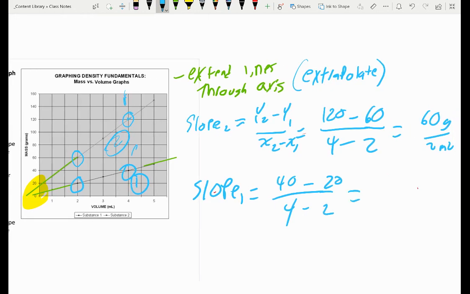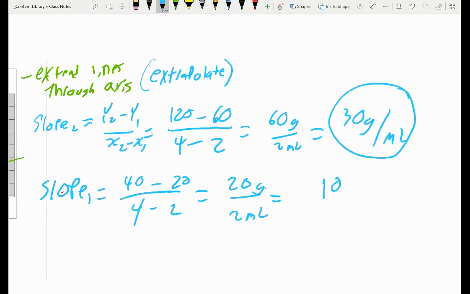Okay, and that equals 20 grams over 2 milliliters, which is 10 grams per milliliter. And that's the other density. Got it? Everybody happy?